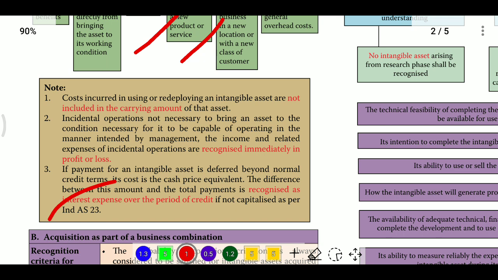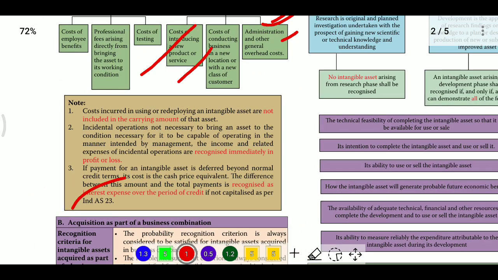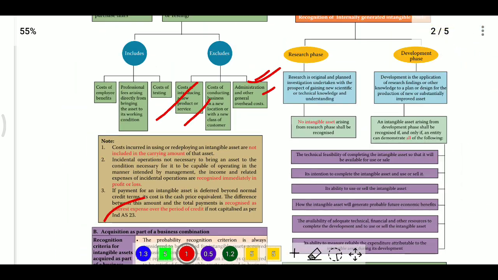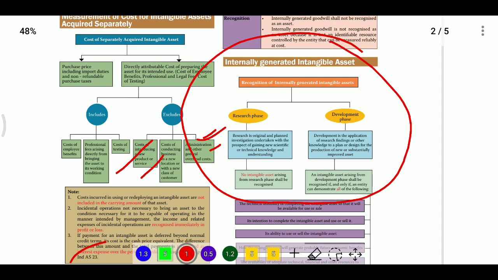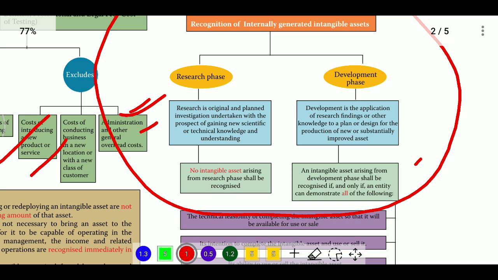Here specifically you need to remember, in case of internally generated assets, whenever we are recognizing internally generated assets, we have two phases. One phase is the research phase, another phase is the development phase.